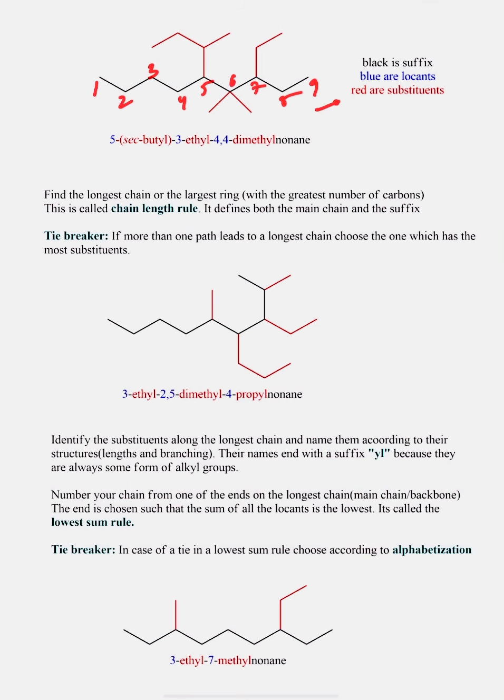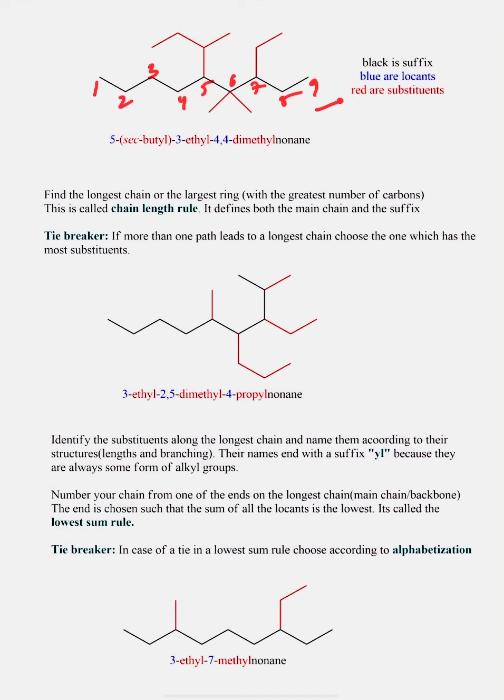If I number from here, what do you have? You have a substituent on carbon number 5, 2 substituents on carbon number 6, and 1 substituent on carbon number 7. Now if I add all the locants, which are the numbers on which substituents are attached, it's 5 on which one group is attached, on 6 2 groups are attached, and on 7 there is one more group attached.